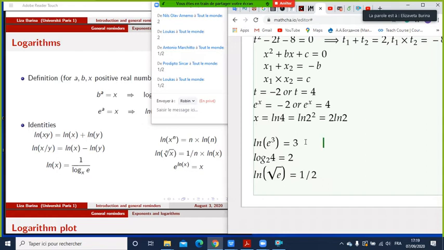Oh, it's a big one. Okay. 6 plus log 3, 9 is equal to, it's going to be an ugly thing, it's not going to be a number.